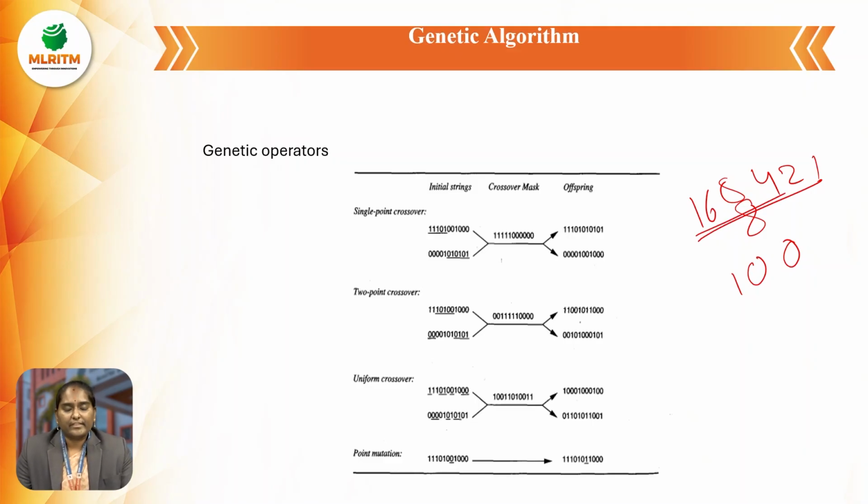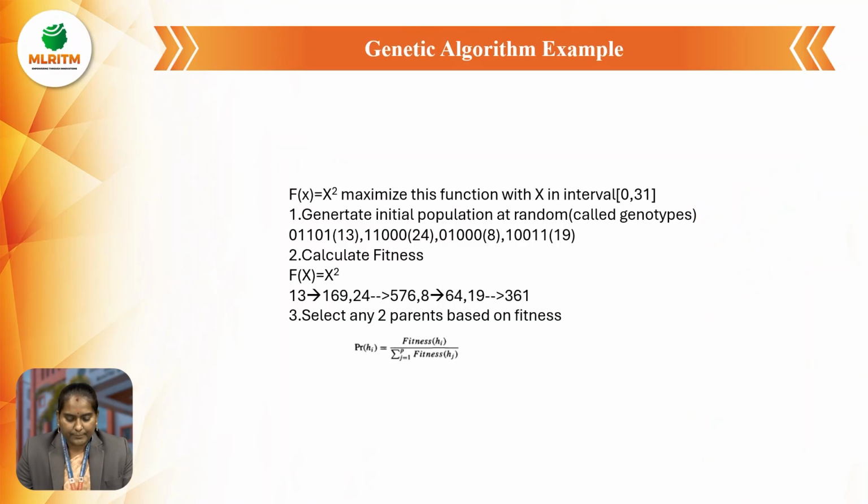In selection, let us take one example. In that we consider 4 values: 13, 24, 8 and 19. First we have to convert these values into binary values. We are all very well aware of how to calculate binary values.